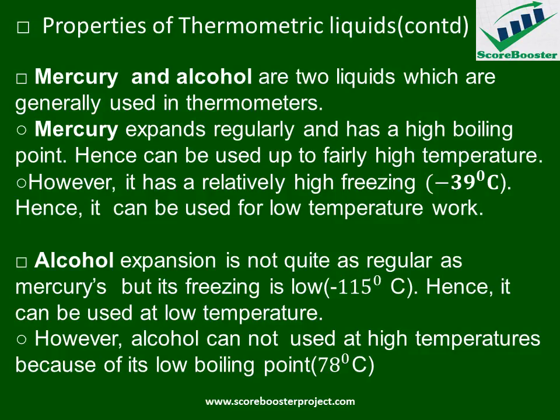Having understood the property and limitation of mercury, the next is to proceed to alcohol. Alcohol expansion is not quite as regular as mercury is, but its freezing point is low, which is minus 115 degrees Celsius.